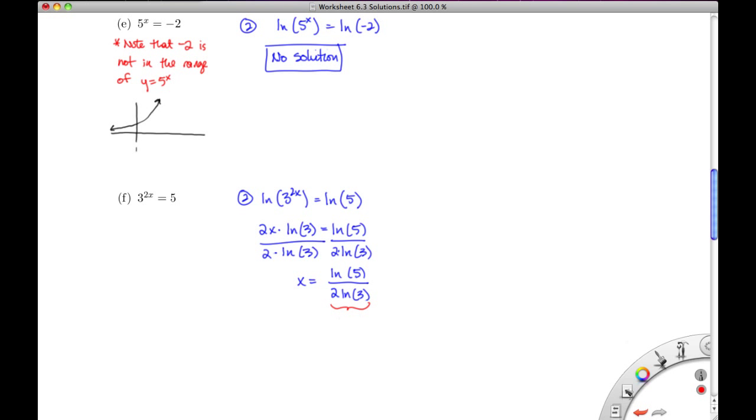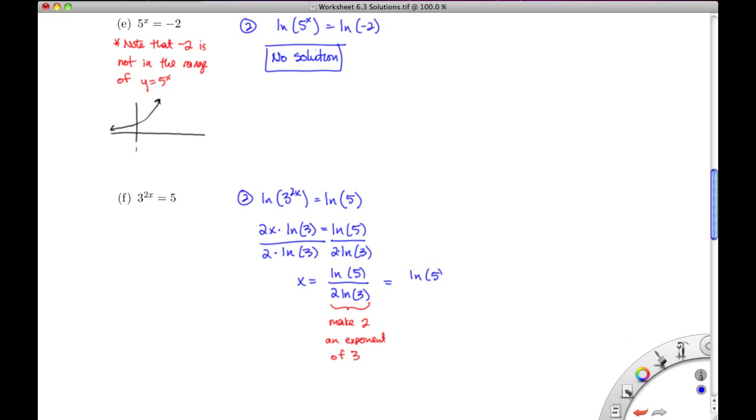We can use properties of logarithms here. So we're going to make this coefficient 2 an exponent of 3 using properties of logs. So let's see what happens if we do that. These are equivalent answers.